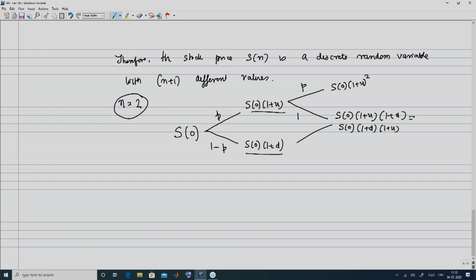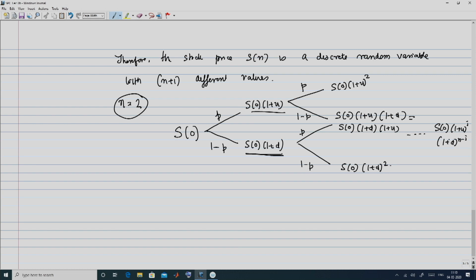And so, the probability here is going to be 1 minus p, this is p, and here with probability 1 minus p, I can go down from S naught into 1 plus d to S naught into 1 plus d square. So, that is how we generically end up with our formula for S naught into 1 plus u raised to i into 1 plus d raised to n minus i.